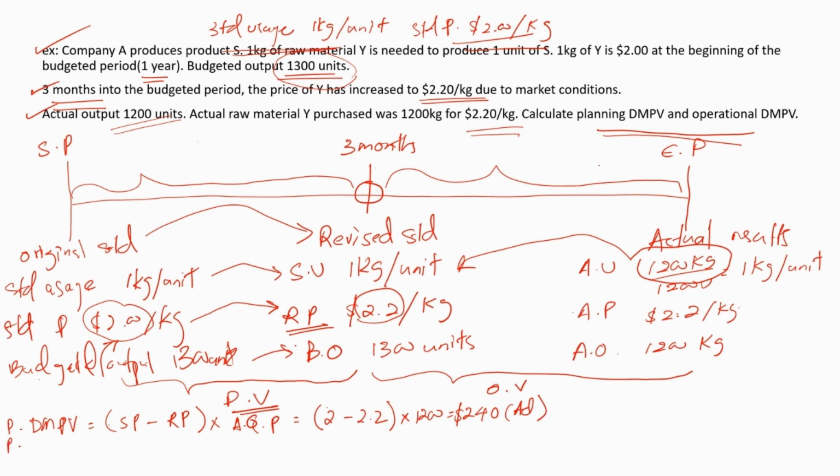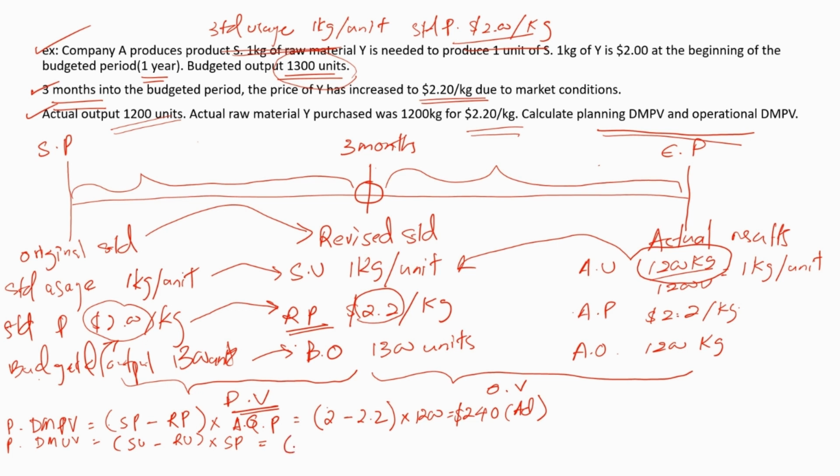Now let's calculate the planning direct material usage variance. This is equal to standard usage minus revised usage multiplied by standard price.